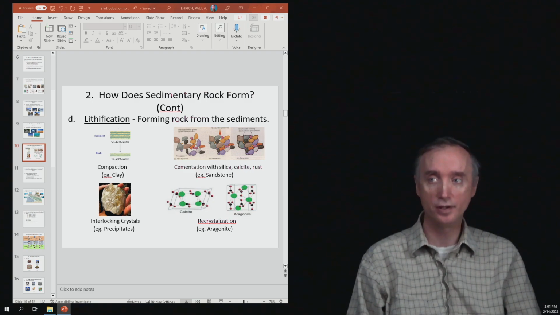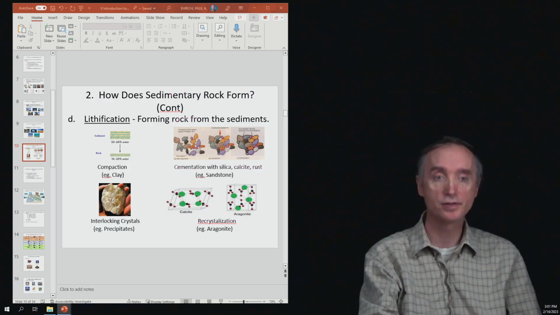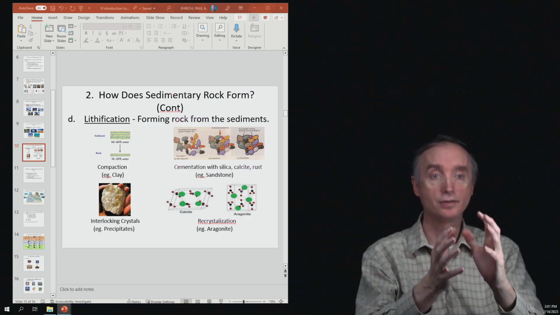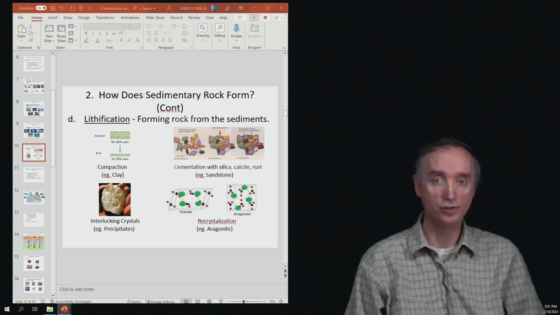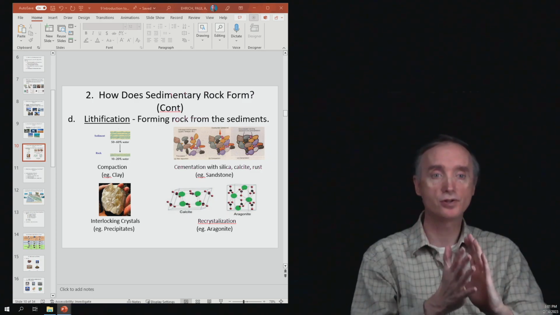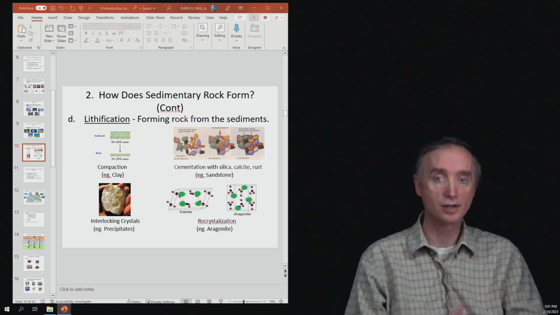So the first one is going to be just plain old pressure. So taking the sediments and then squeezing them together until they stick together. So you don't need to cement them together with anything. You don't need to apply heat to them. All we're going to do is just squish them to the point at which they stick together.